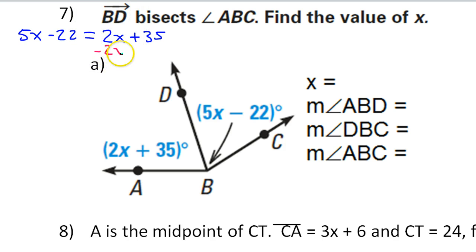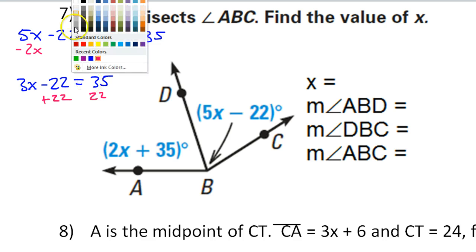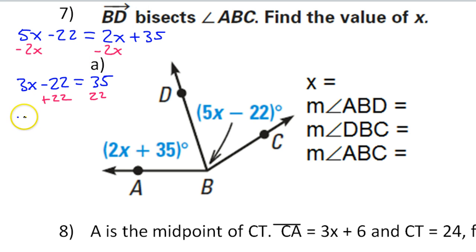So let's subtract 2x from both sides. And that's going to give me 3x minus 22 is equal to 35. Now let's add 22 to both sides. And that's going to give me 3x is equal to 57.